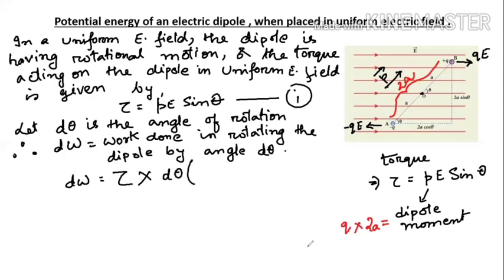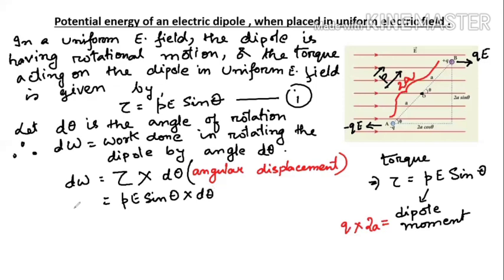So we replace the torque expression: pE sin theta multiplied by d theta. This is my work done in rotating the dipole by angle d theta.